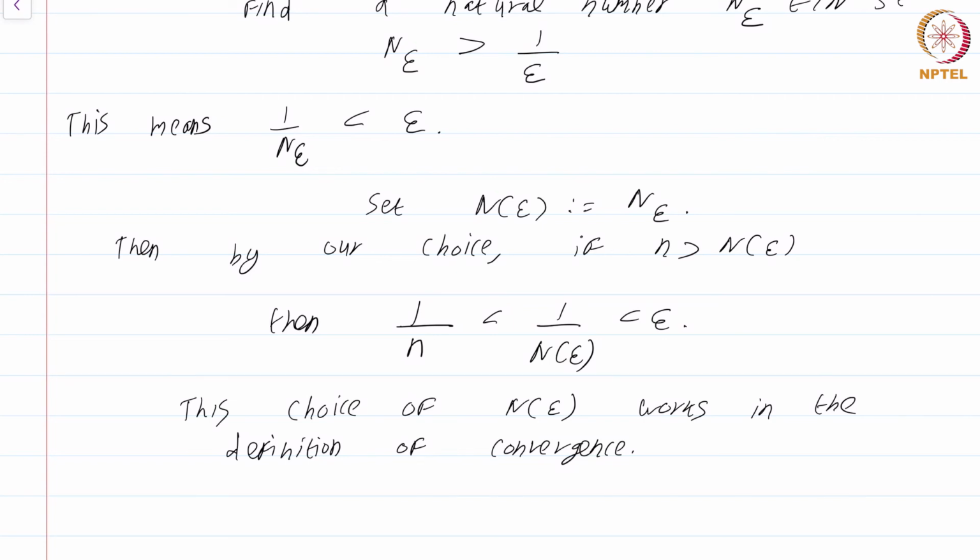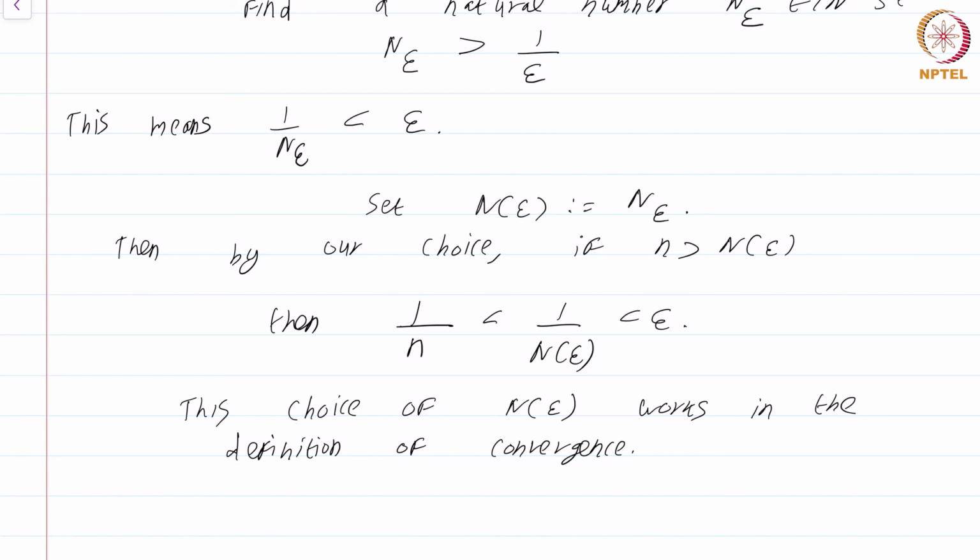Observe that the way this proof is written, you could have used either the definition using functions that I have given or the standard textbook definition. All I have done is found, for a fixed epsilon, this N epsilon, and then set N of epsilon to be just this N epsilon. Whichever way you prefer, you can phrase the proofs. It really doesn't matter.